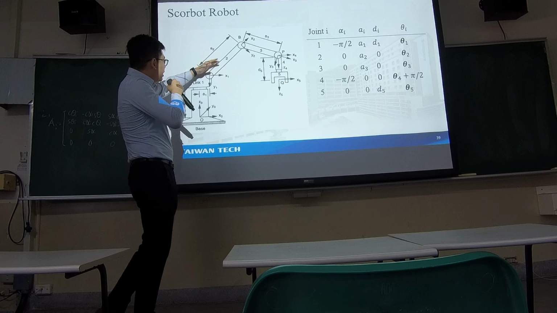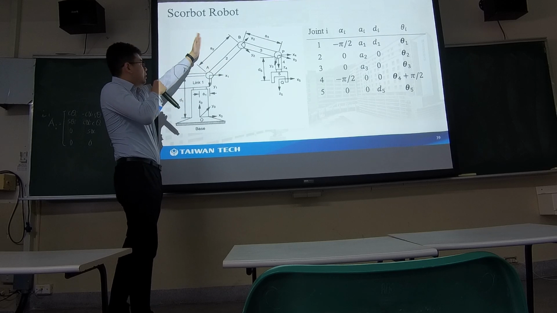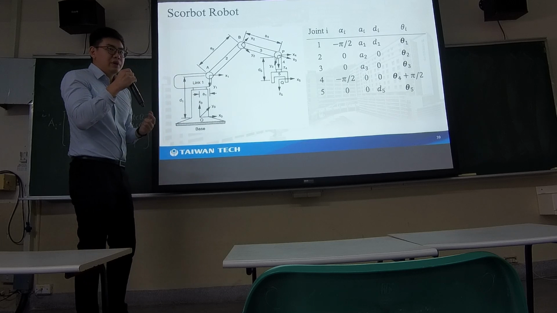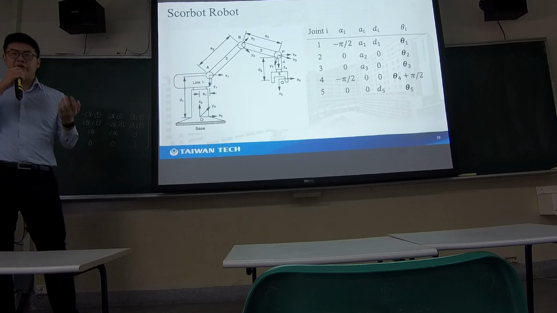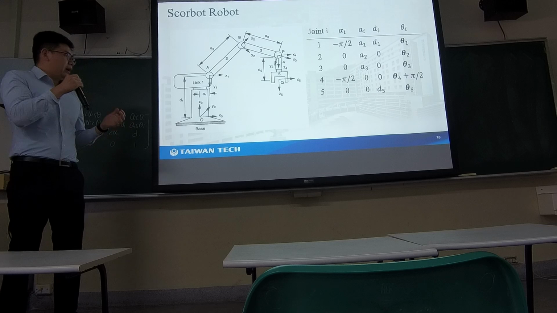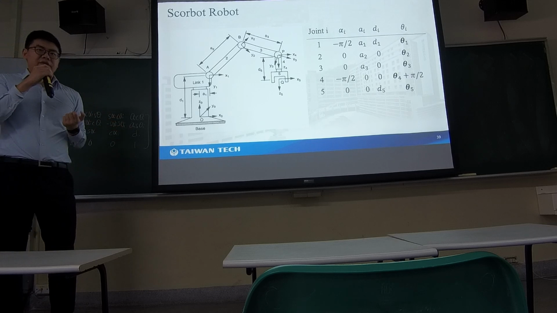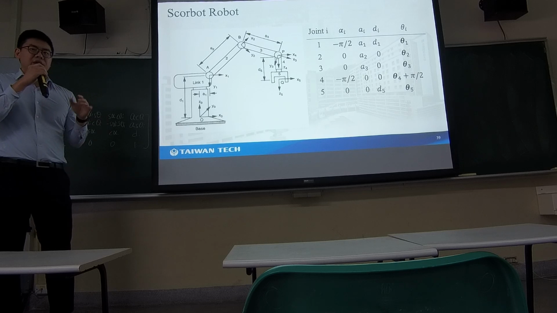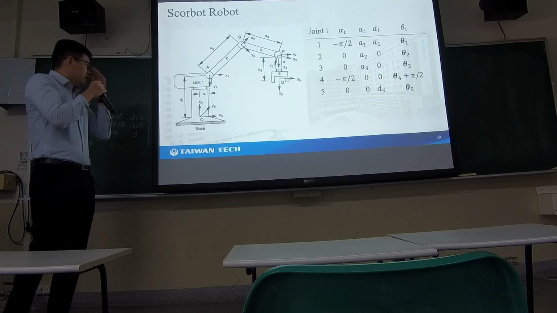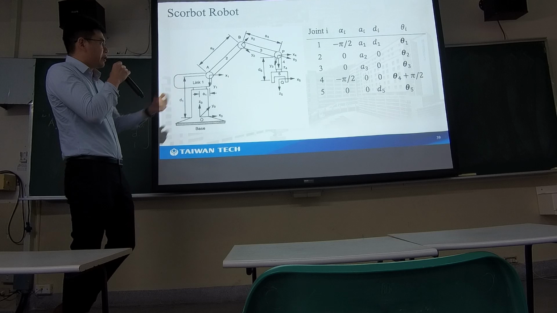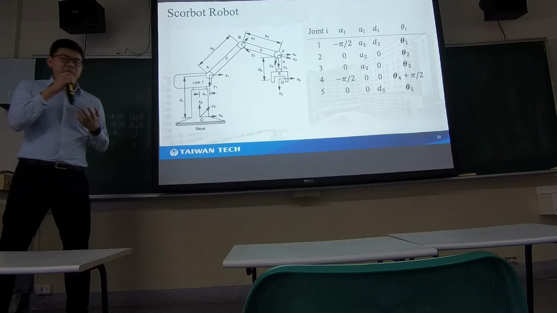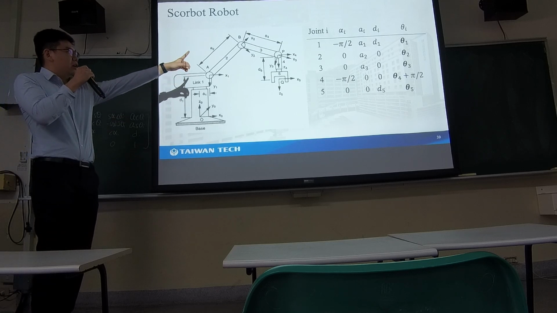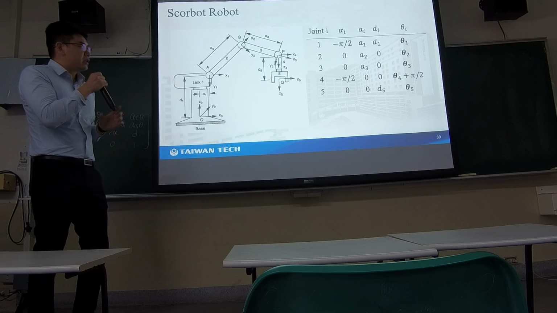If you want to go straight up or you want to go horizontal, it's up to you. How to set up a zero configuration is by yourself. So everyone's zero configuration is different. But some configurations may make it easier to formulate your DH parameters.